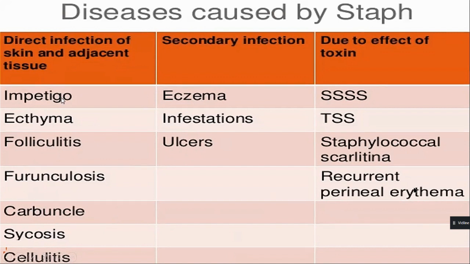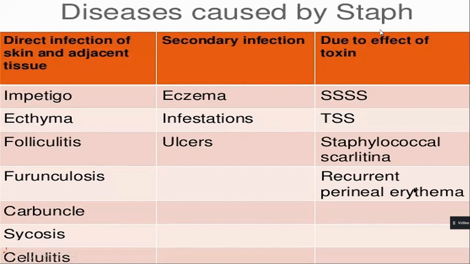So it will help you in the exam if they ask what is the causative organism of impetigo. You can think about staph, and folliculitis and anything like that. It can also be a secondary infection, like in eczema, infestation, ulcers.